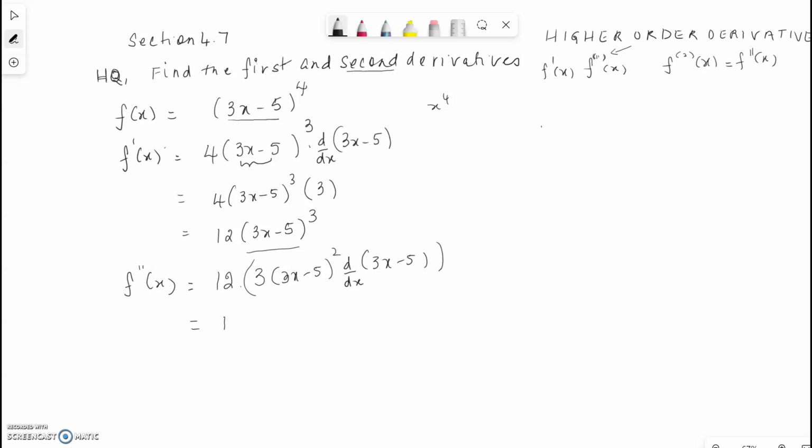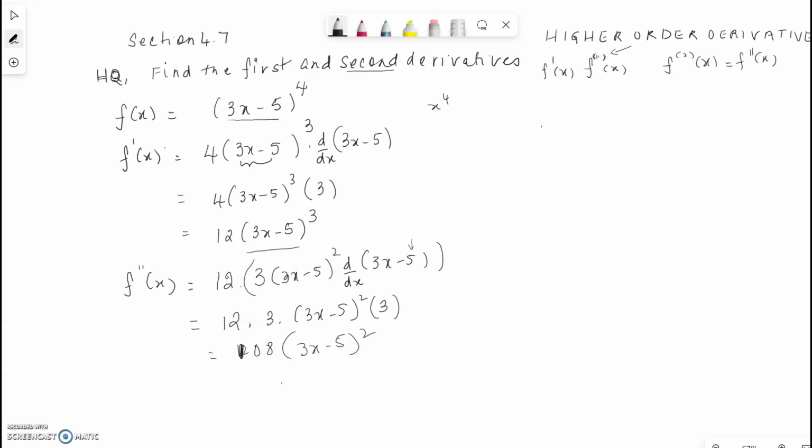So this becomes 12 times 3 times 3x minus 5 to the second power, and d by dx of 3x minus 5 is just 3 because the derivative of 5 is 0. So now we just simplify the terms. 12 times 9 is 108, and 3x minus 5 the whole squared. So this is the second derivative.